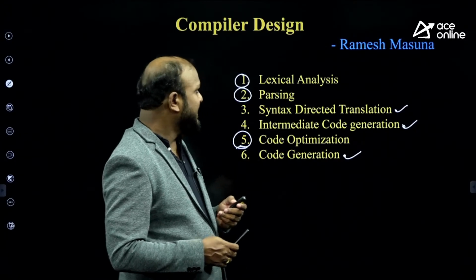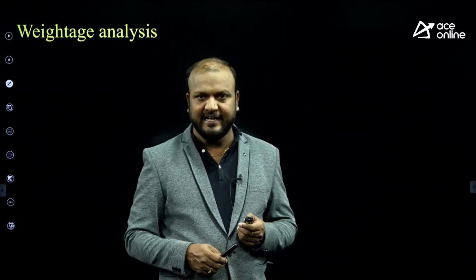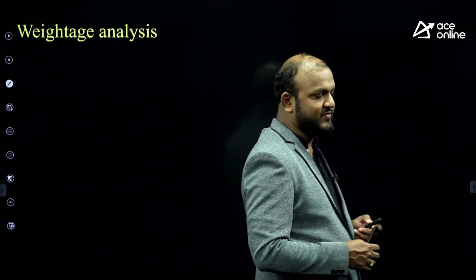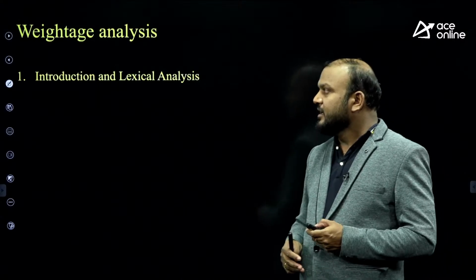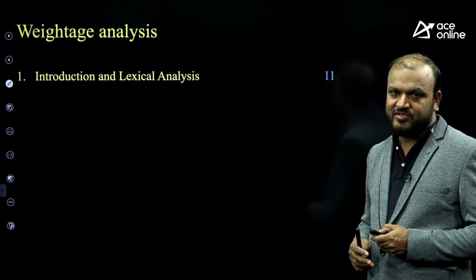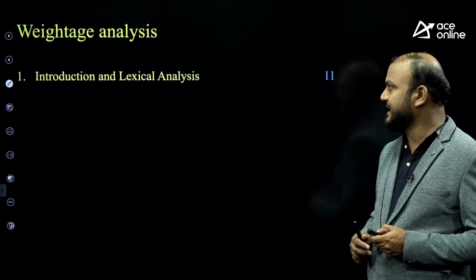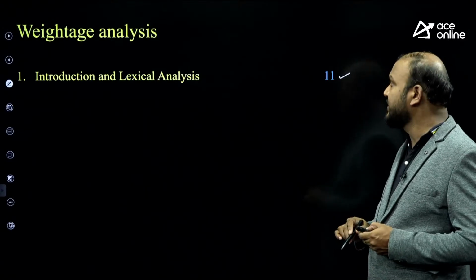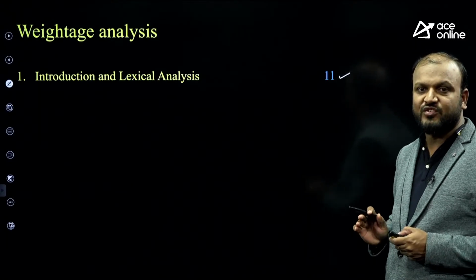Very first, we'll go ahead with weightage analysis, meaning in which topic how many questions were asked. From the first topic, the basics of compilers, introduction, and lexical analysis chapter, 11 questions were asked from 2007 to 2020.